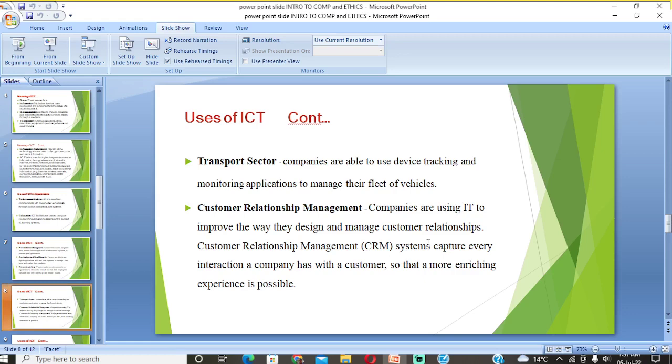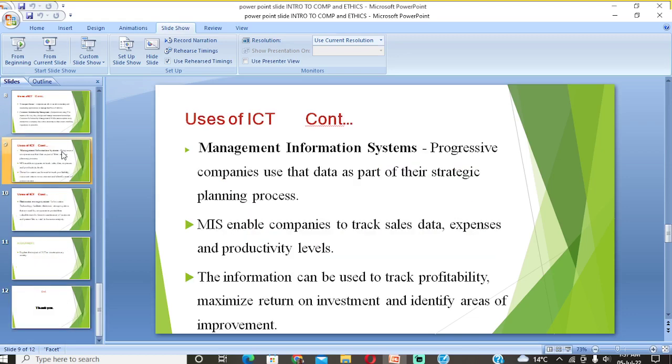Also, ICT is used in management of information or in management information systems. That is, we can keep our data, we can track even processes and so on, so that we can be able to see areas where we can improve.